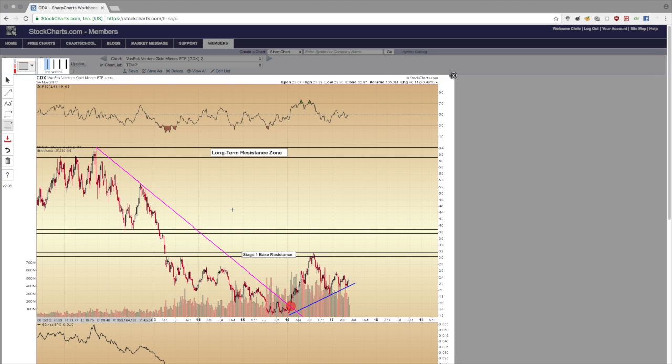Now, Fibonacci, for those of you not familiar, was an Italian mathematician of the 1400s, I believe, and he was one of the individuals to observe that many things, well, in fact, all things in nature move in certain patterns.